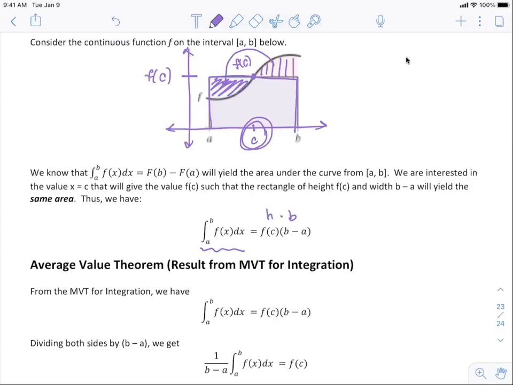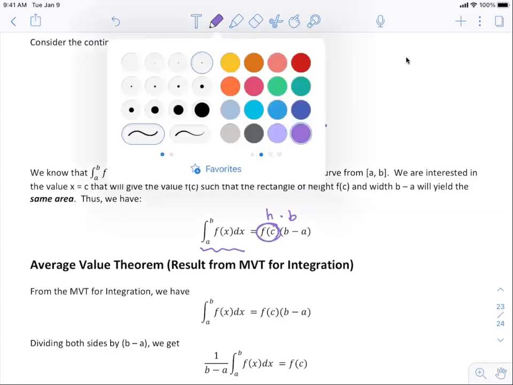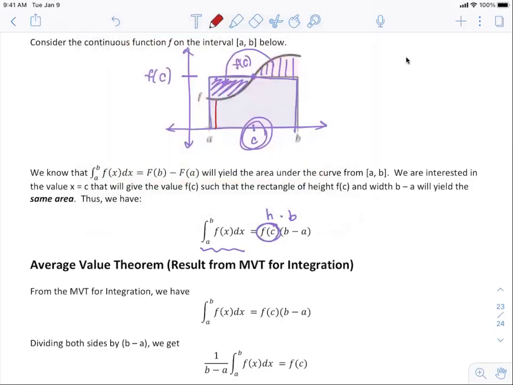What we use this to find instead is we're interested in this f of c value because that represents the average value of the function. If I were to take all of these heights, f of c, f of whatever, all of these different heights of the function, and I take the average of all of those heights, that height is going to be f of c. So that's what we're much more interested in.